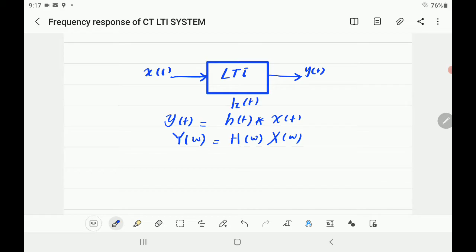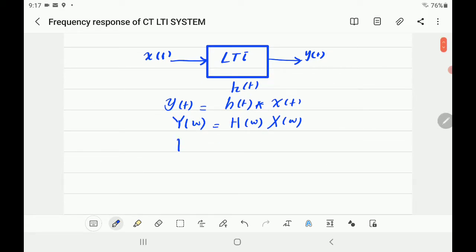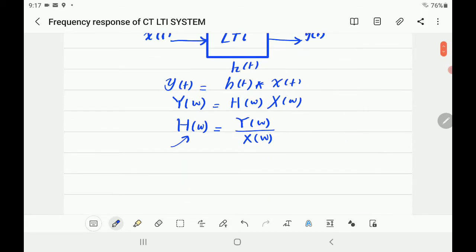And you can find the relationship between the output and input by H of omega. The impulse response in frequency domain will be equal to the output in frequency domain divided by the input in frequency domain. And this H omega, in general, is complex.